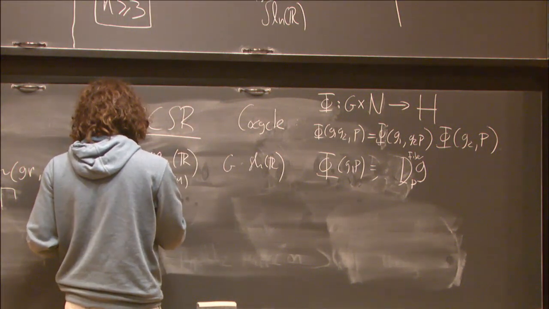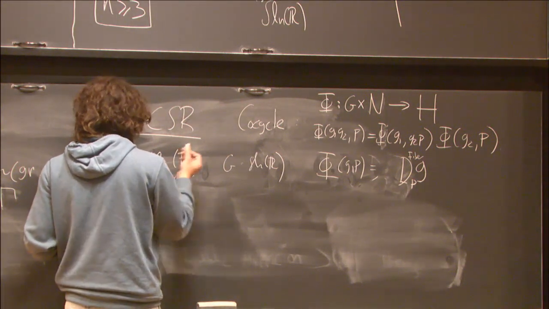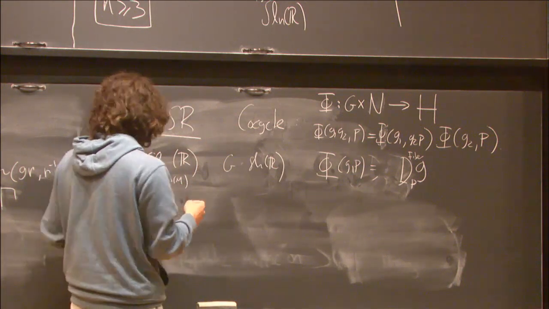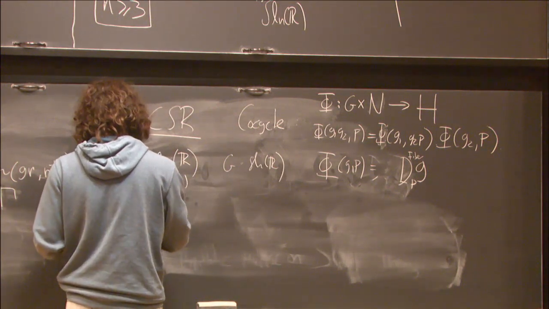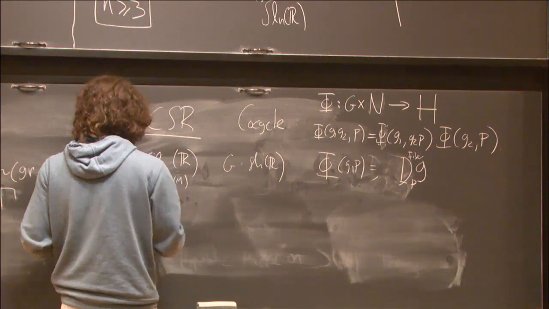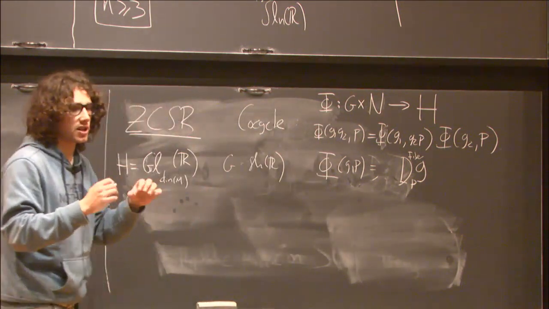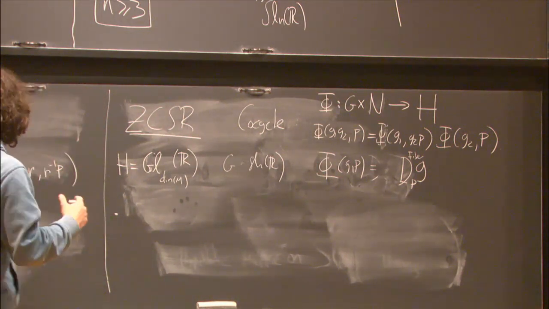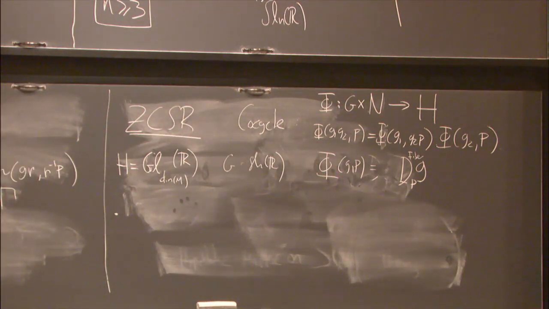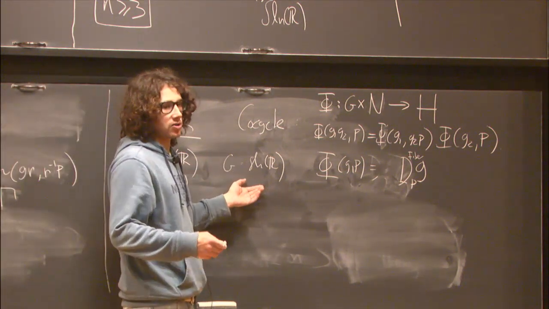So it says the following. In this context, it says that this cocycle, up to some change of coordinates, so this derivative up to some change of coordinates, is going to lie in a compact subset of SL(n,R).